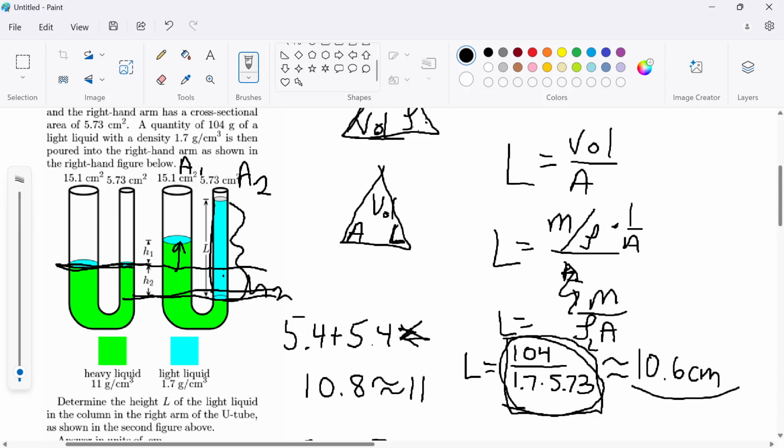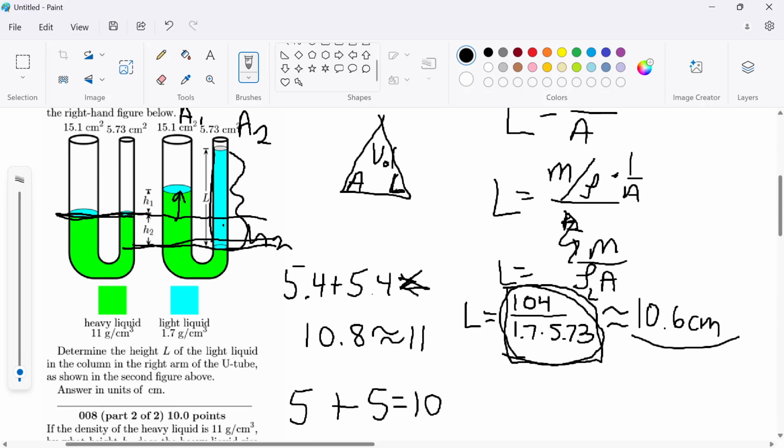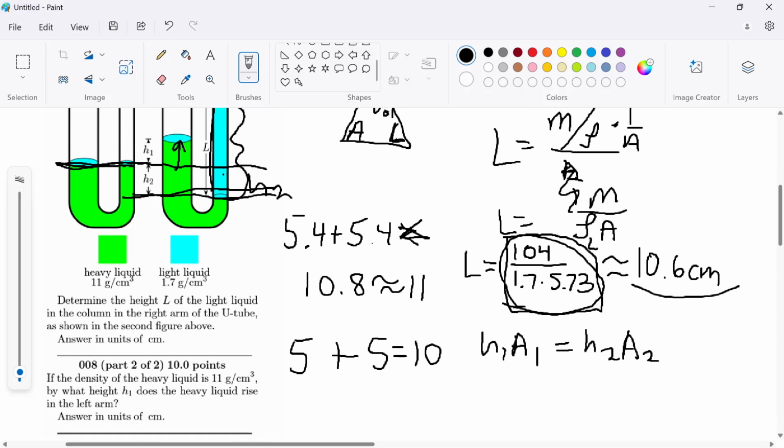And there's something called conservation of volume. None of this heavy liquid pours out of this U-tube, so the volume must be conserved. In other words, H1 times A1, which is the volume on the left that it goes up, has to equal H2 times A2, the volume that it goes down on the right. Those two volumes have to be equal.